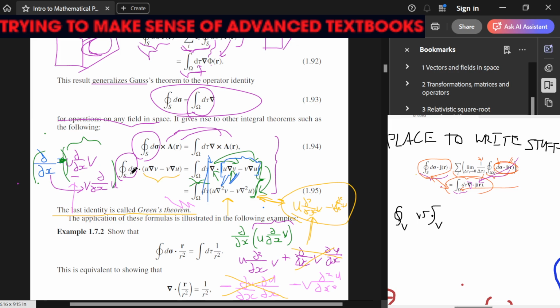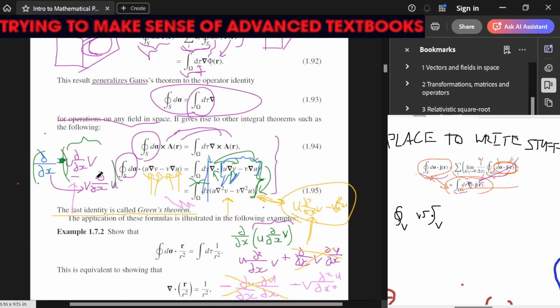Green's theorem is the integral over a closed surface of, are these scalar fields? Are these even fields? They have to be fields because we're integrating x, y, and z. So they have to have x, y, and z components. Surely.